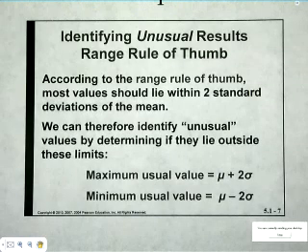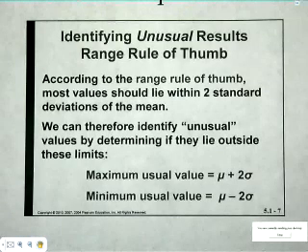Our definitions of unusual so far are outside how many standard deviations of the mean? 2. Outside 2 standard deviations of the mean, that means the same thing as what about z-scores? What z-scores are unusual? Anything less than -2 or greater than +2.